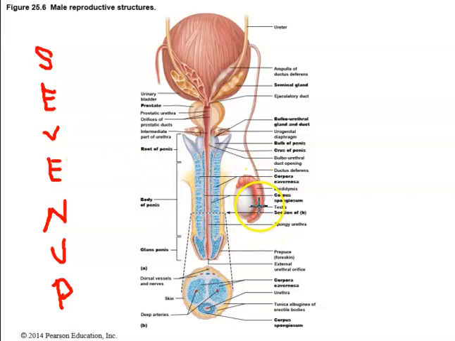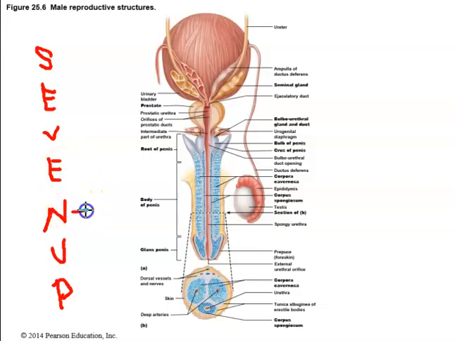So sperm will travel from the epididymis, tail continuous with the vas deferens, travel up the spermatic cord, go laterally along the side of the urinary bladder, where it will then hook up with the seminal gland and form the E, ejaculatory duct. So from the vas deferens, sperm will then travel to the ejaculatory duct.